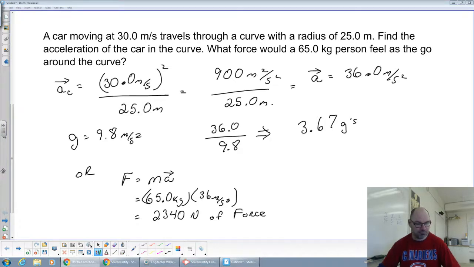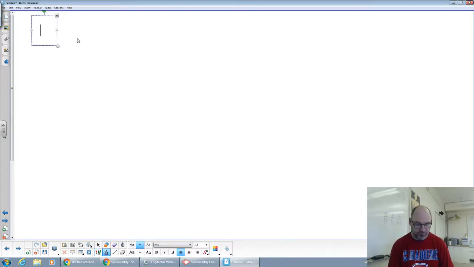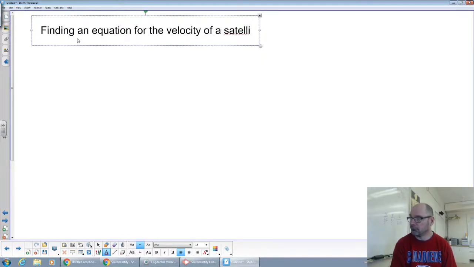So let's do orbits of satellites. Let's do that next. So we're going to need this plus a bit more information. In this part, we're going to look at finding an equation for the velocity of a satellite in orbit.